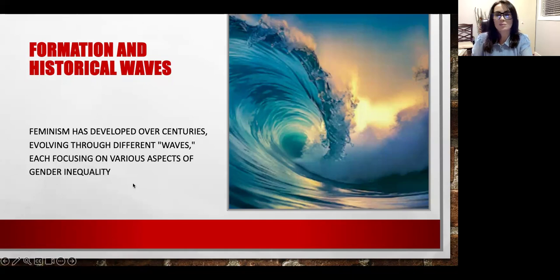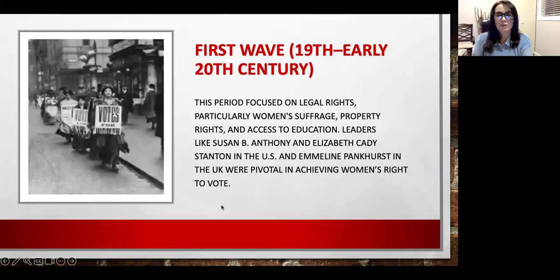waves of feminism we went through, and one of them, the first wave of feminism, was in the 19th and early 20th centuries. Feminism in that period focused on the biggest issues, which were women's suffrage, property rights, and access to education. Those are the main issues.